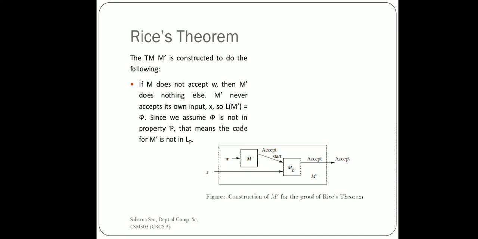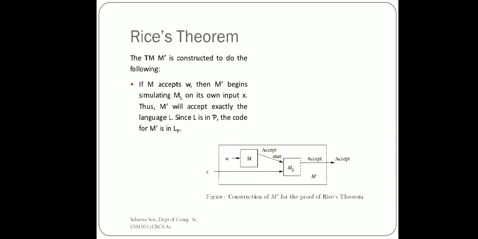Now if the situation is otherwise, that M accepts W, then what will happen? M dash begins simulating ML on its own input X, because since it has got an accepted result, my ML will start working now. X can be fed to it and it can work accordingly.